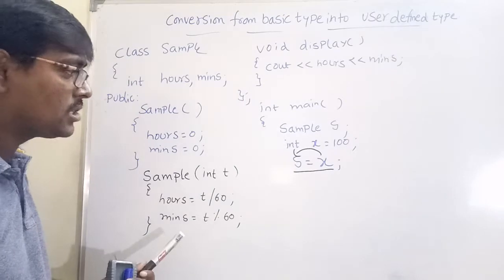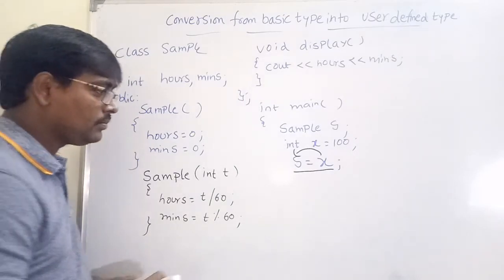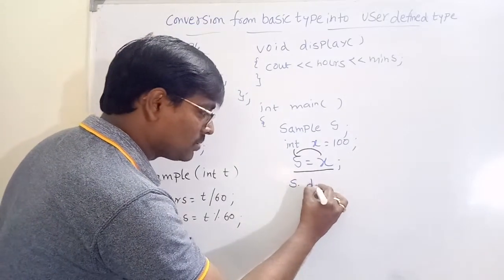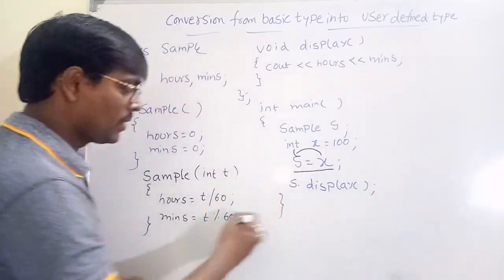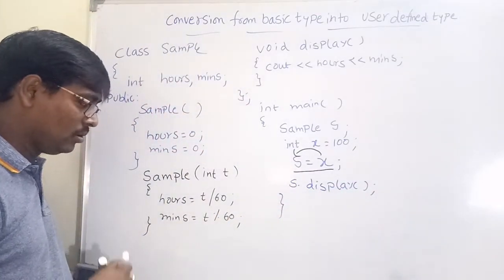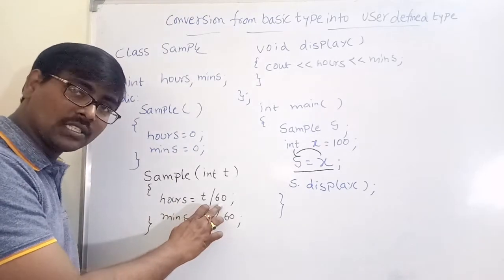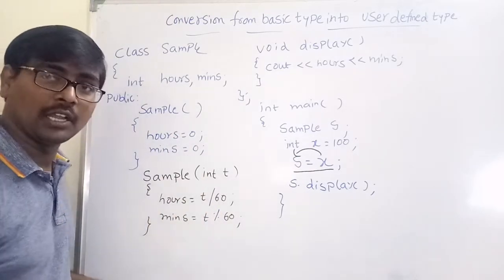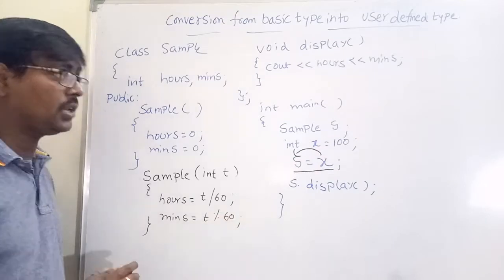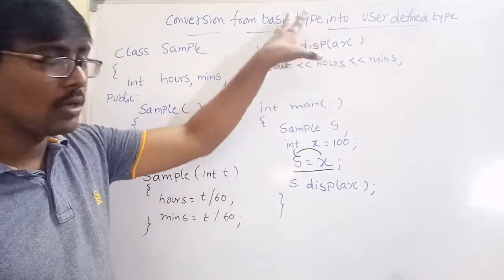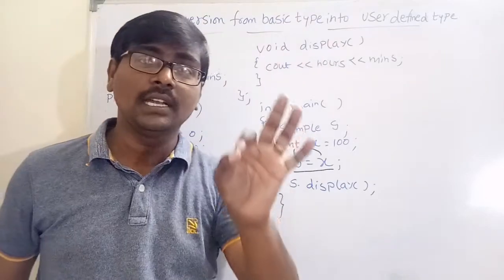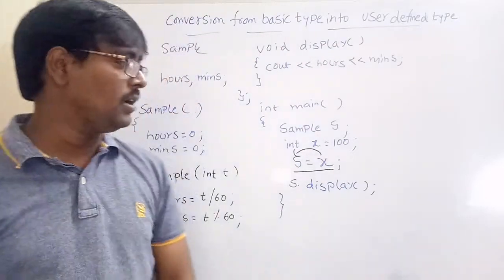And if you write the statement like this, s dot display, what is the value? Hours is equal to 100 by 60, that is 1 hour 40 minutes. This is the way to do conversion from basic data type into user defined data type.